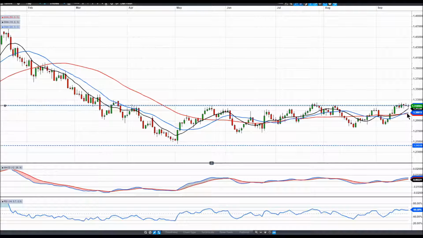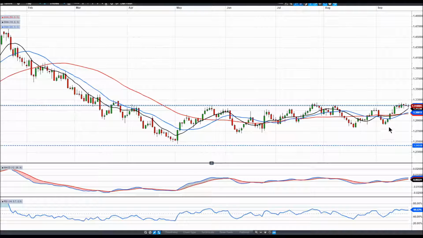So on a short-term basis, I wouldn't be at all surprised if we get a bit of a pullback here in the markets, but then again a pullback into the moving averages to build up some momentum in order to break through this level is certainly something that I'm keeping a very close eye on. My longer term preference is to be bullish on this market, especially if we get a break through this level.